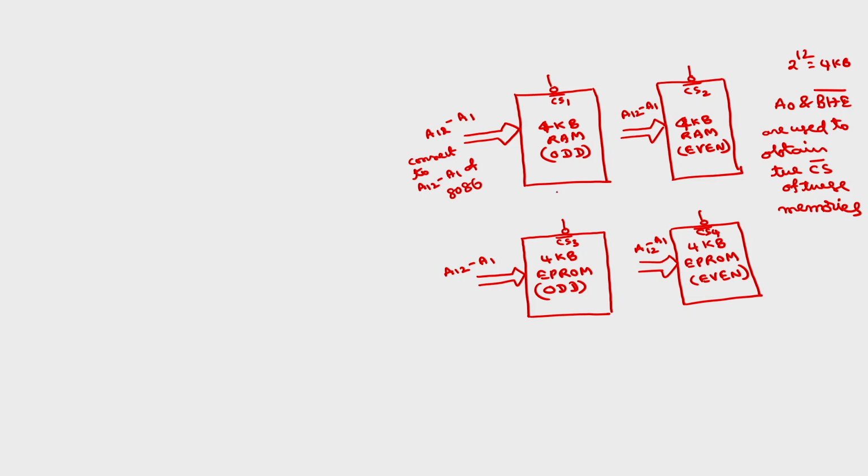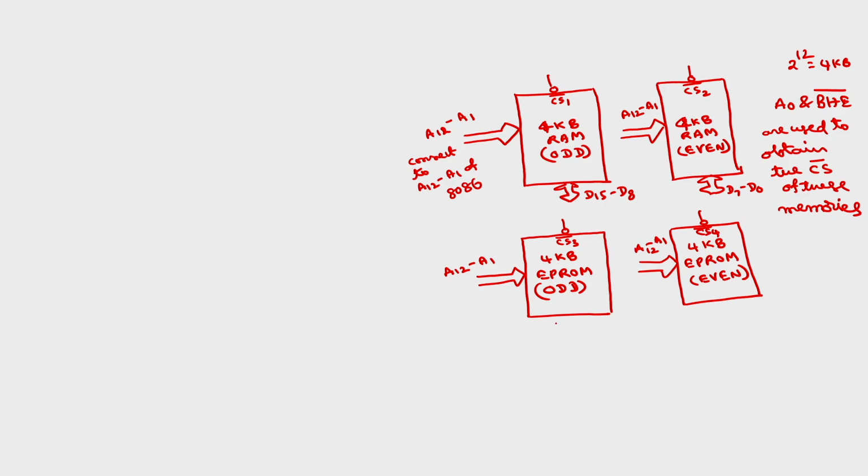Similarly, data: this will give 8 data lines, this will give 8 data lines. So, here the odd bank will give D15 to D8, the even bank will give D7 to D0. Total we have 16 bit data. If you want 16 bit data, you have to enable both even and odd banks.